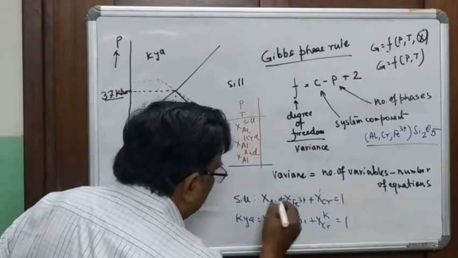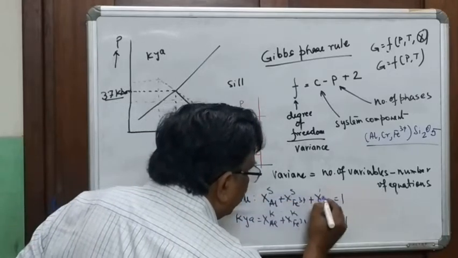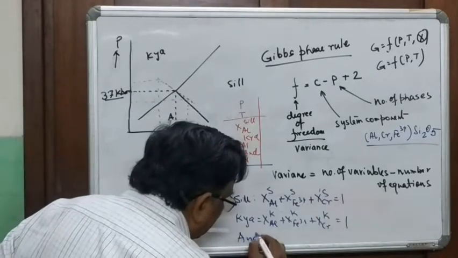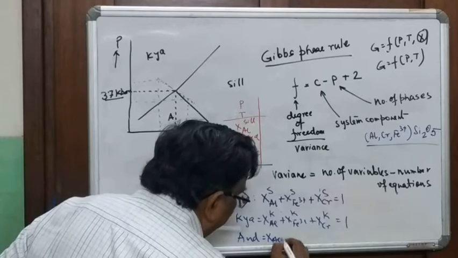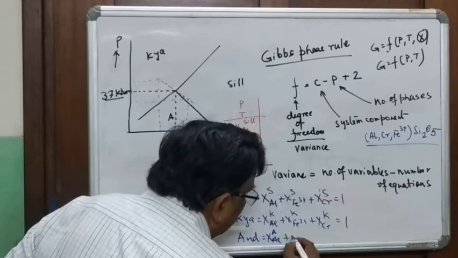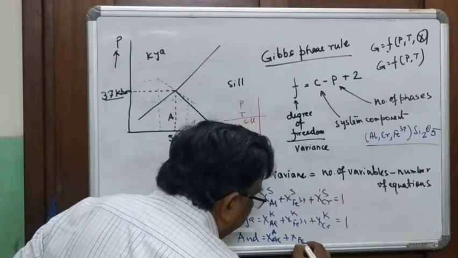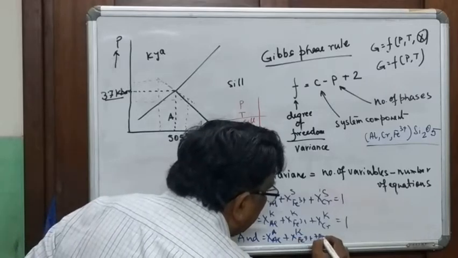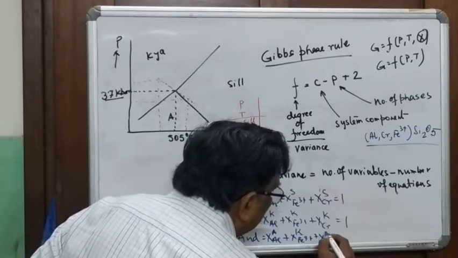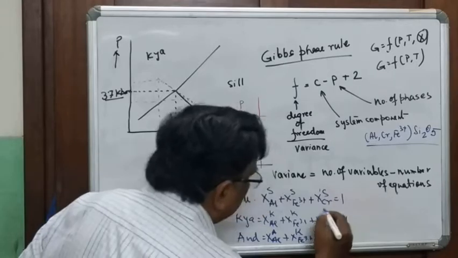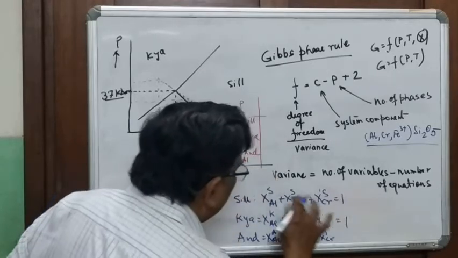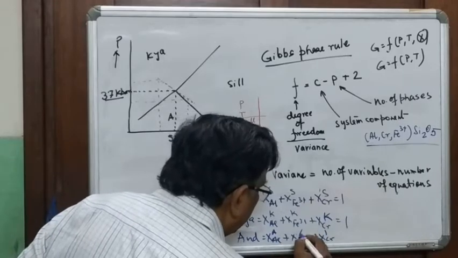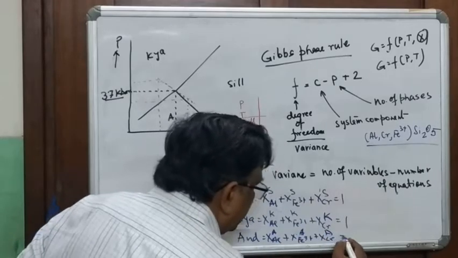This is sillimanite. And then you have andalusite, XAl andalusite plus XFe3 andalusite plus XCr andalusite equal to 1.